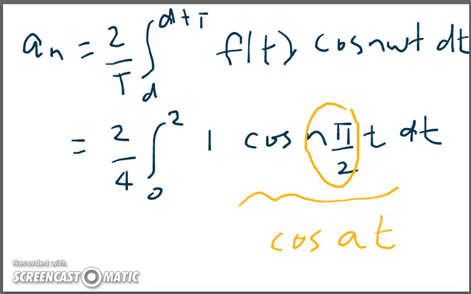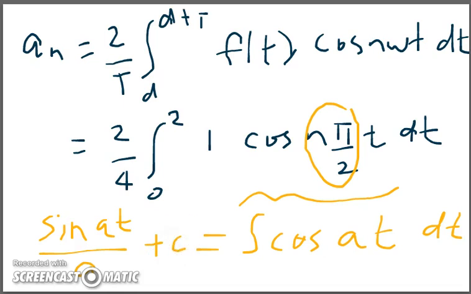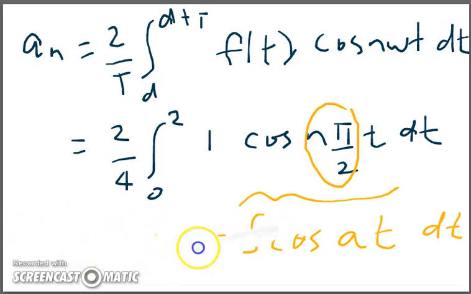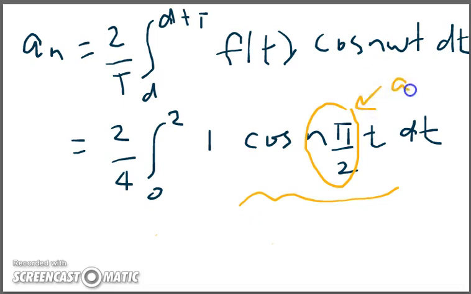For any cos at dt, the integral will result in sine at over a plus c. This is in general how we can solve this. If we know this, I delete this and continue with a equals n pi over 2.